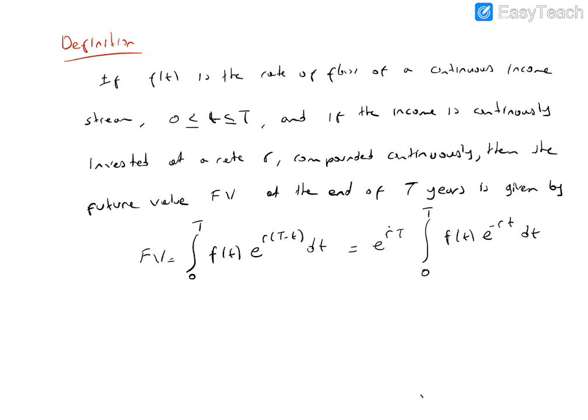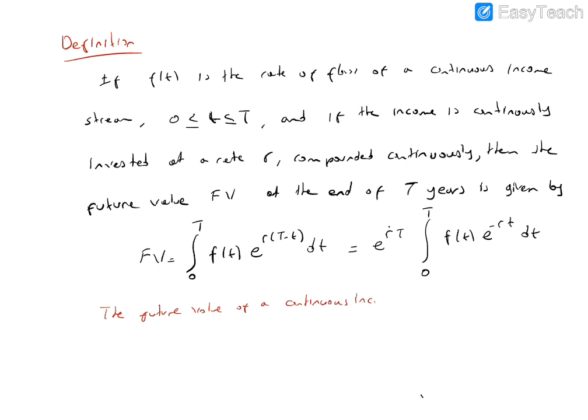So the future value of a continuous income stream is the total value of all money produced by the continuous income stream. Income and interest, including both of them, at the end of the T years.